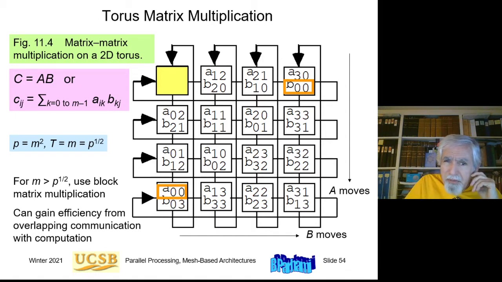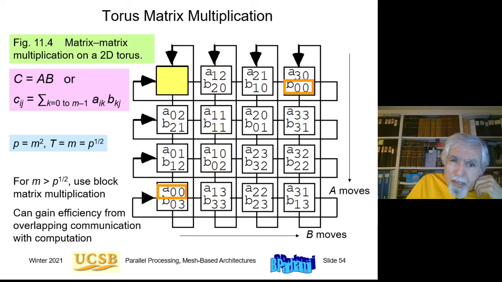At this moment, for example, let's look at this processor. The other processor's elements are hidden because I've shaded it, sorry for that. This processor has A00 and B03, so it multiplies A00, B03. That's one of the 4 multiplications that needs to take place.